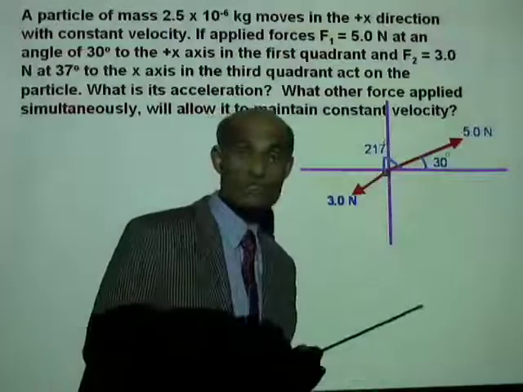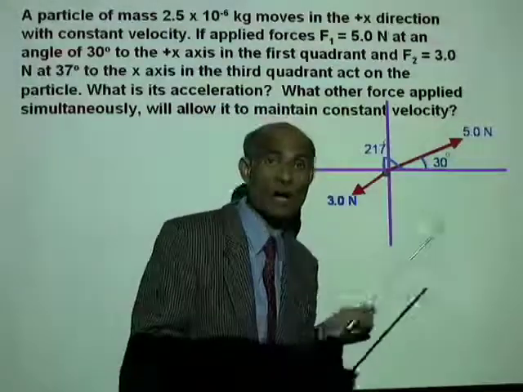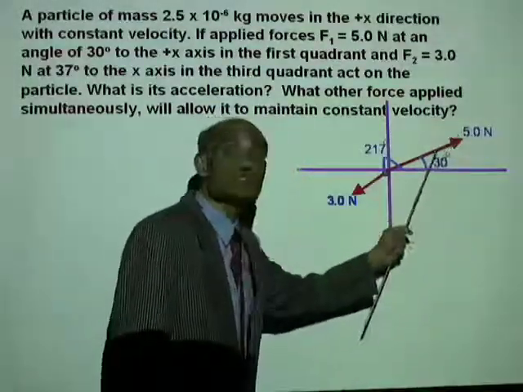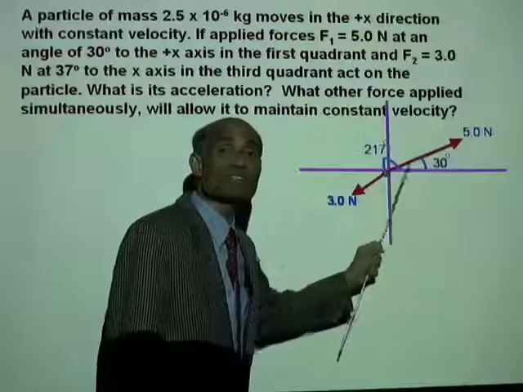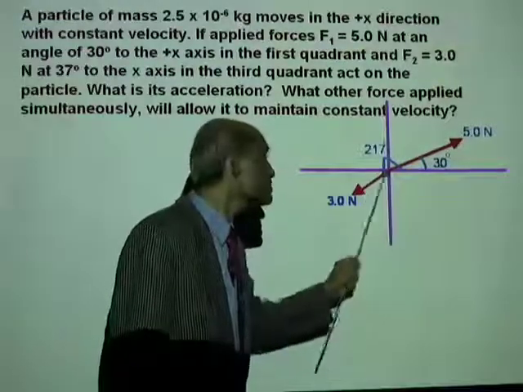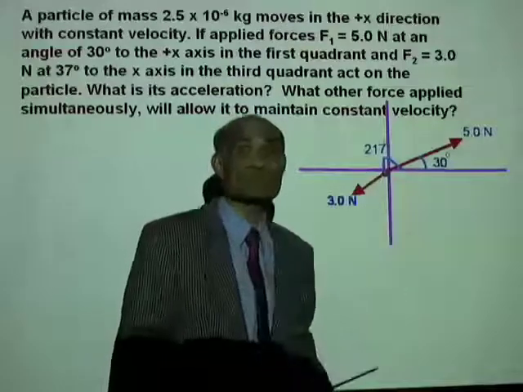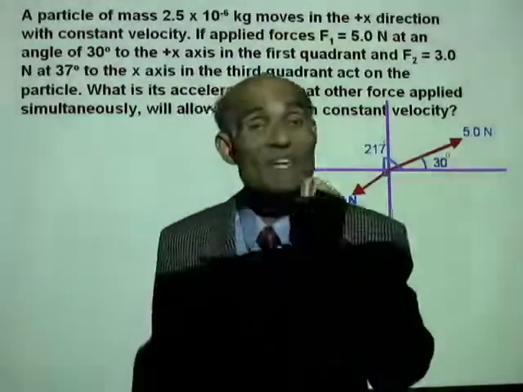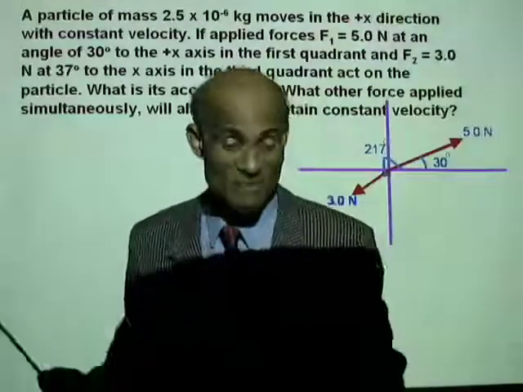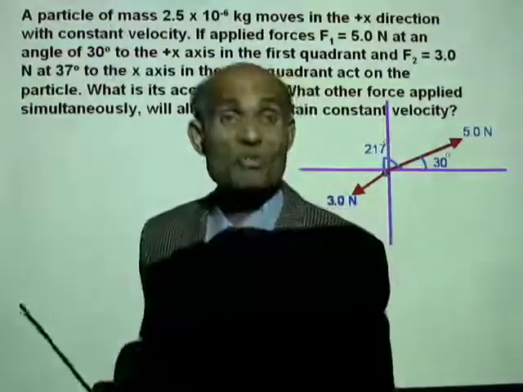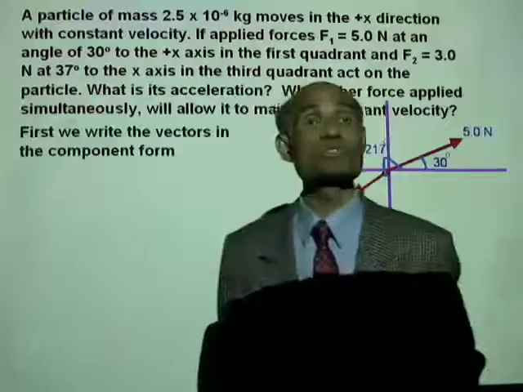So the two forces on this particle are 5 Newton at an angle 30 degrees and 3 Newton at an angle 217 degrees. We need to find the net force. That means we need to add these two force vectors. What do you do to add them?